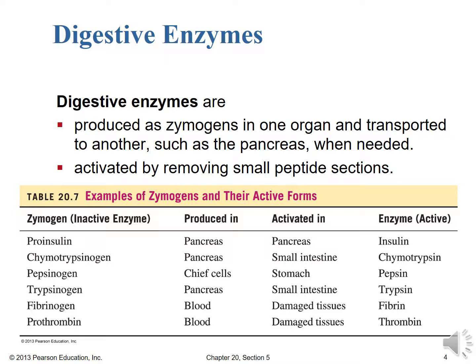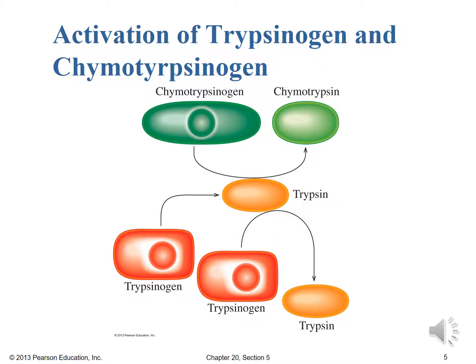Okay, so here's our cartoon showing the activation of trypsinogen and chymotrypsinogen. So we've got our chymotrypsinogen and our trypsinogen just floating around there, and then eventually we get the spontaneous removal of the group that causes the trypsinogen to form trypsin, and then that trypsin can help coerce the chymotrypsinogen to lose its portion there and become the active form chymotrypsin, and the trypsinogen can also be acted on by trypsin to form more active trypsin.